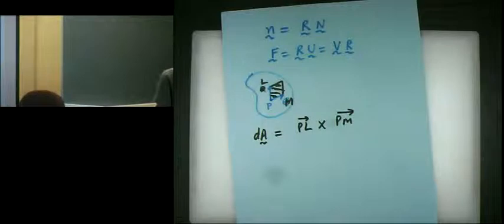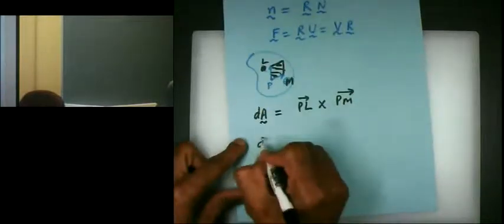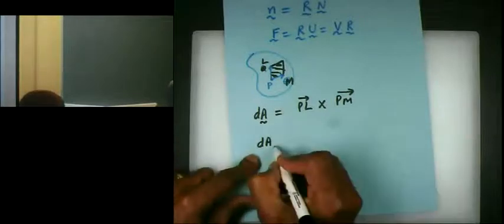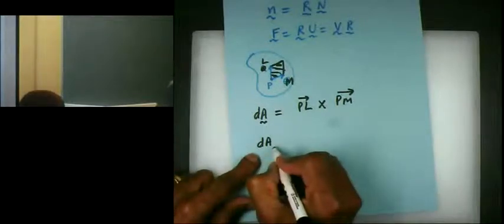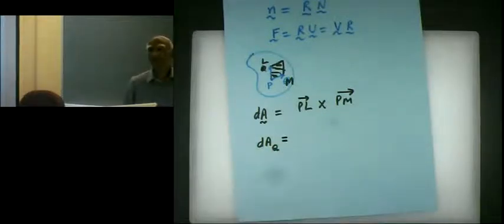Now I want to use indices. Since we are in the reference configuration, we use uppercase letters to indicate indices. So dA is, say, the Qth component.